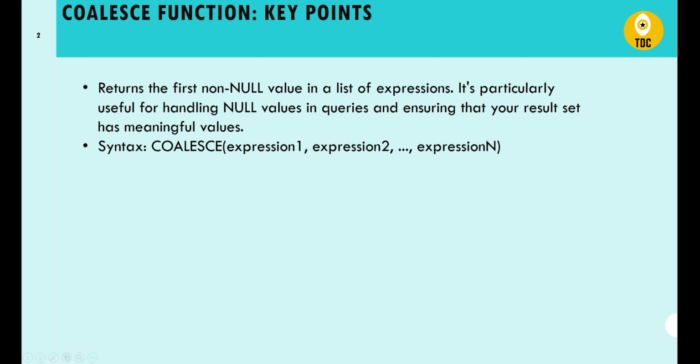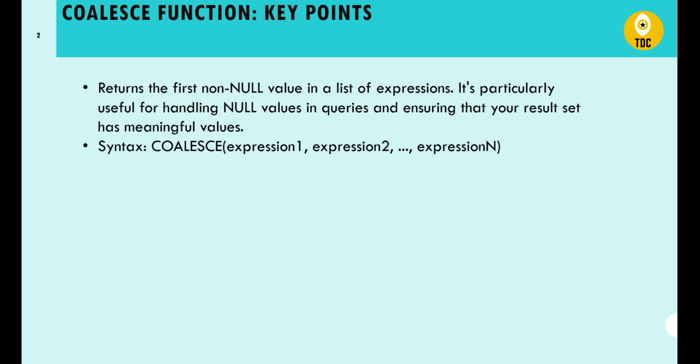Like suppose there is column 1, column 2, column 3. It first checks if column 1 is null. If it is null, it will go to the next one. If it is null, it will go to the next one. So it will go on till the nth expression, and whenever the first matched value is returned, it will stop there.